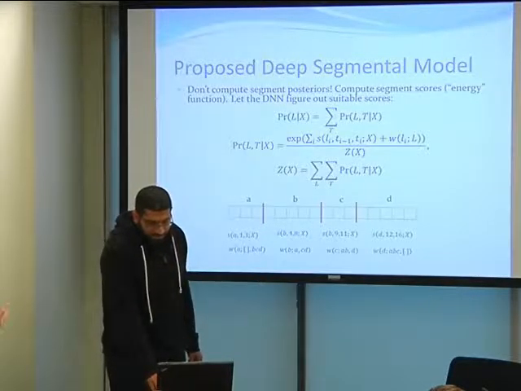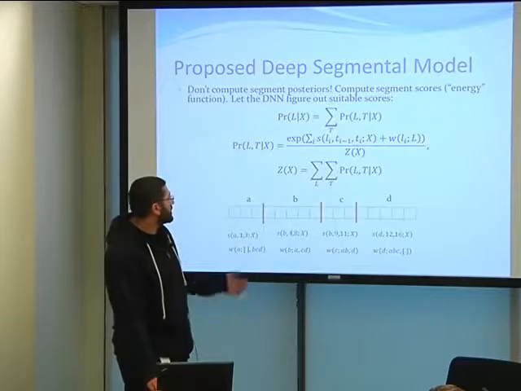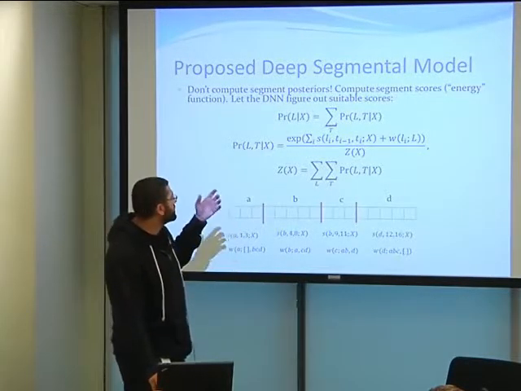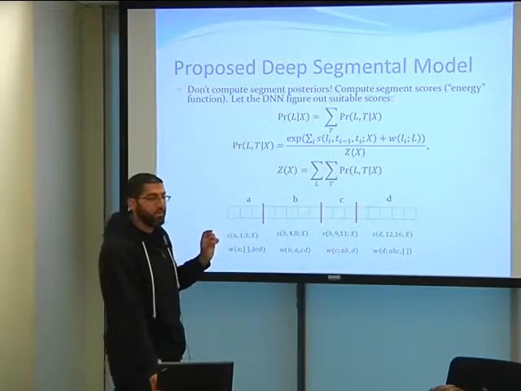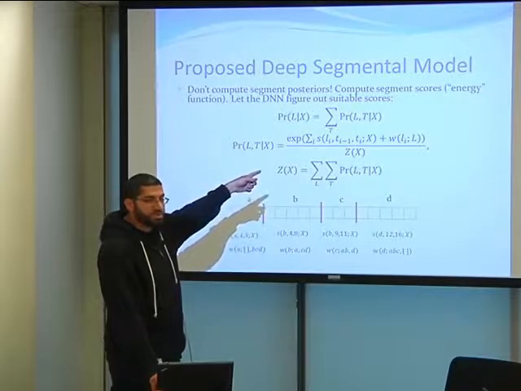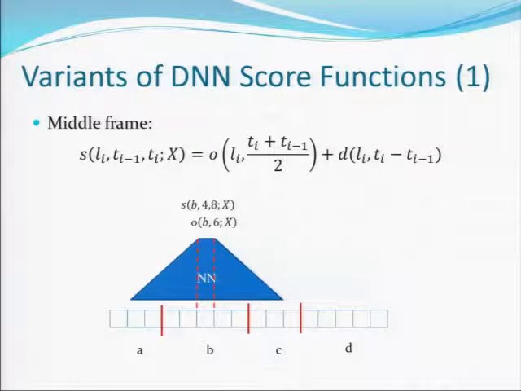There are a lot of decisions that have to be made in terms of how to compute the math. The current problem is that we have neural network scores for each frame, so there are many ways to compute this S for the whole segment. The first simple method is to get the middle frame.